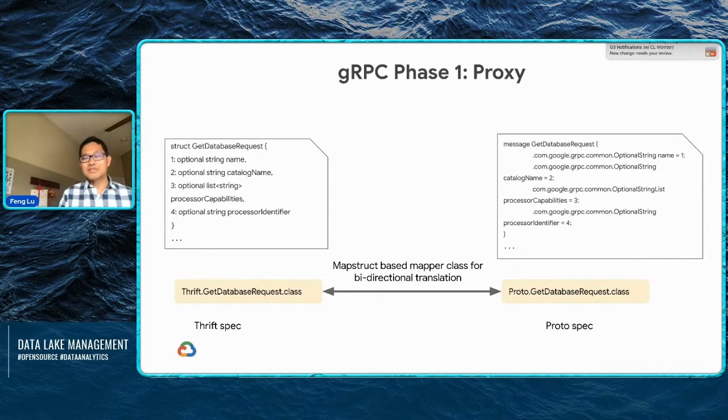Then we leverage a library called MapStruct, which allows us to easily write annotation-based mapper classes, where you can say, this is the rule for mapping this class to the other class. There are variations where it's hard to just use simple annotation, so we try to have a common mapper class as much as we can, and in certain cases we create a specialized mapper class to do the translation.